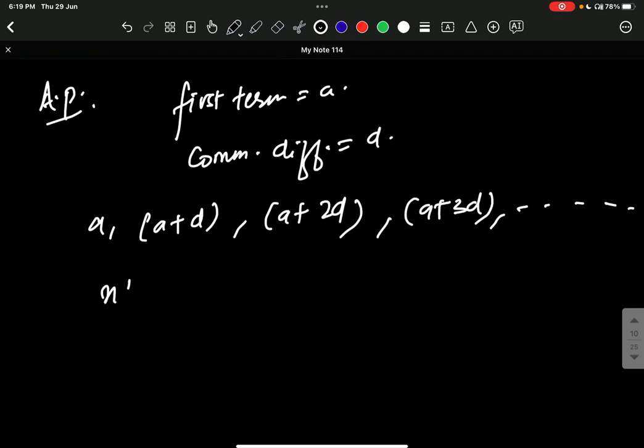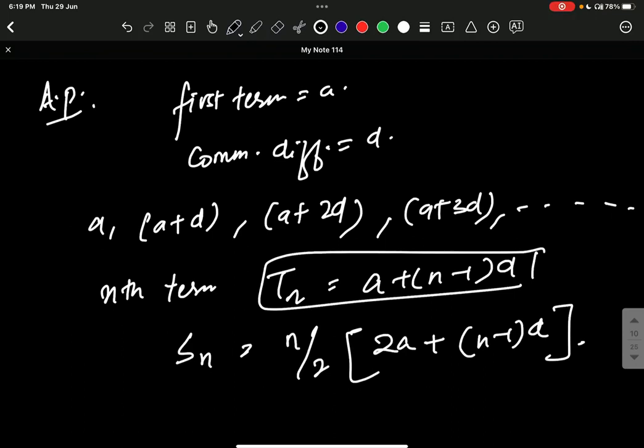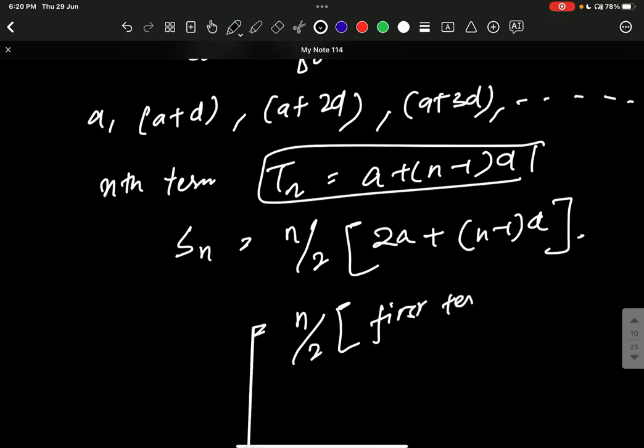And if you have to calculate the nth term of an AP, that is T of n, that would be very easily calculated as A plus n minus 1 into D. Then the sum is calculated as n by 2, 2 of A plus n minus 1 into D. That means you can also write it as n by 2, then the first term plus the last term.